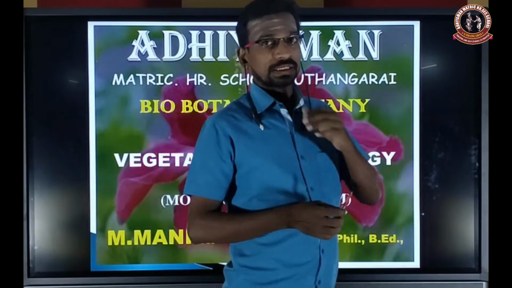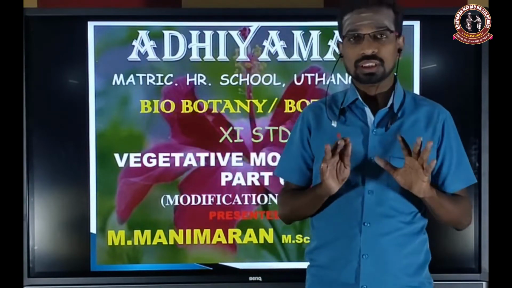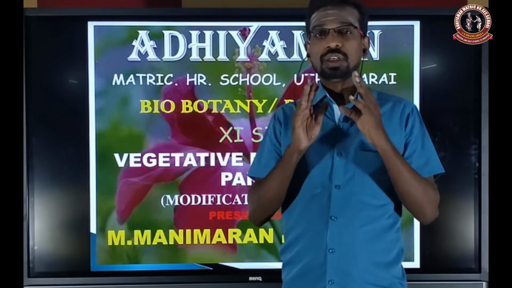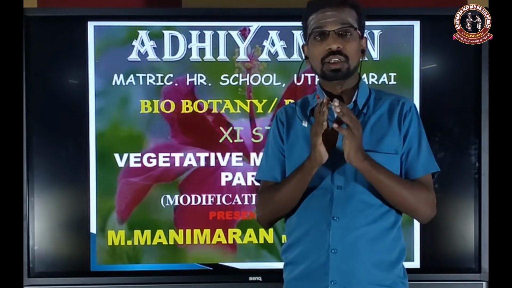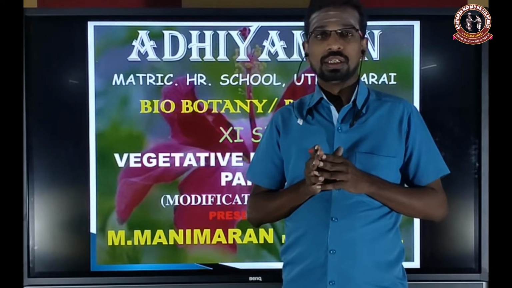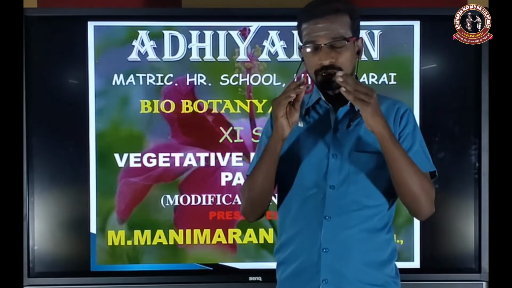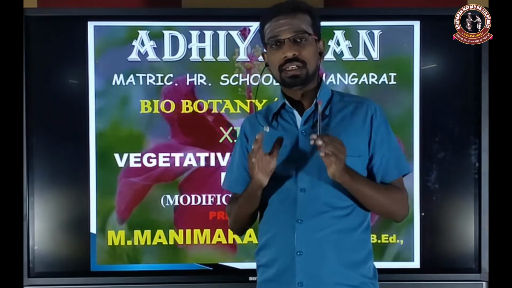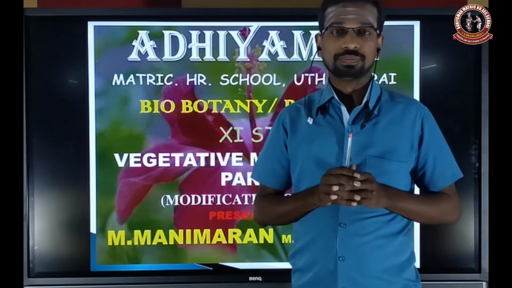So in the previous class we have discussed the shoot system. So what is the shoot system? Actually, the plant contains two parts, that is the aerial part and the underground part. The underground part is nothing but the root system.